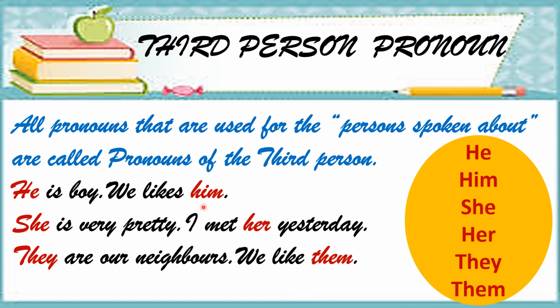We like him. She is very pretty. I met her yesterday. They are our neighbors. We like them. In this, pronouns like he, him, she, her, they, and them are used. So these are the pronouns which are used in the third person.